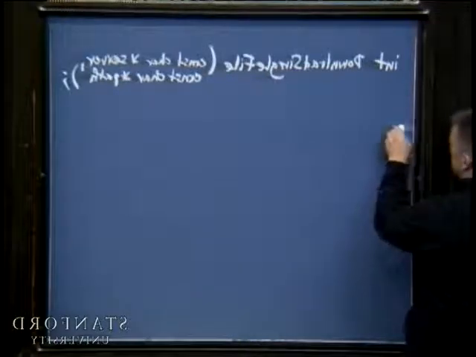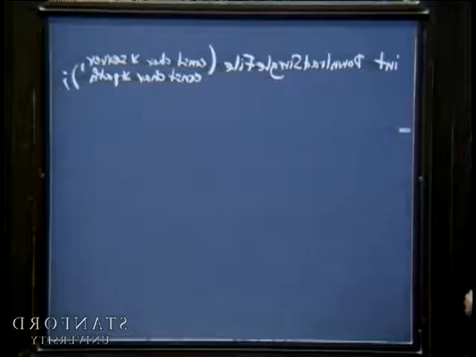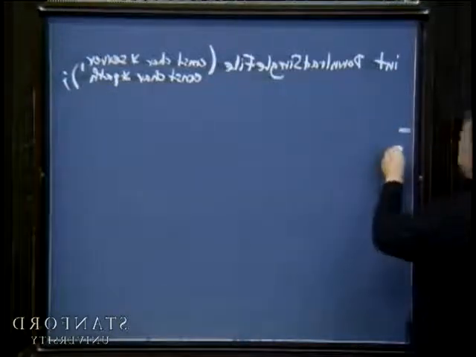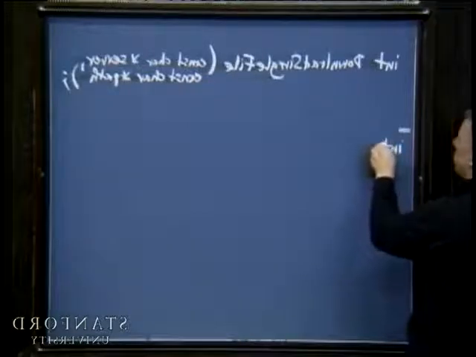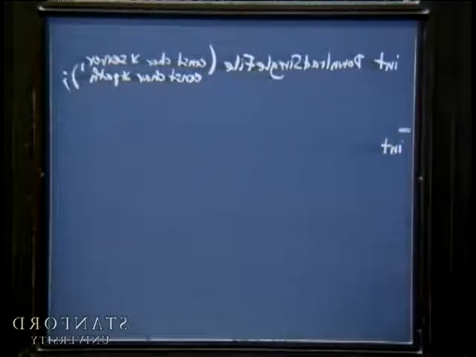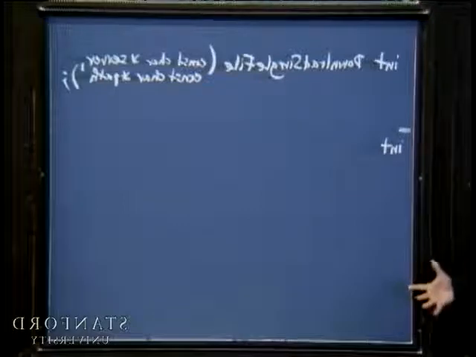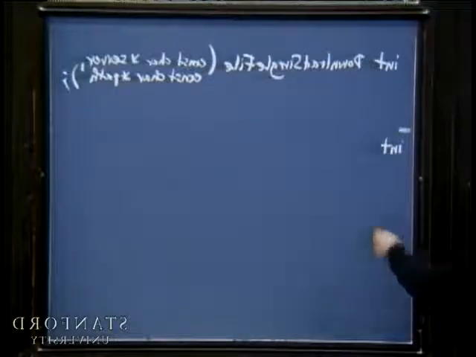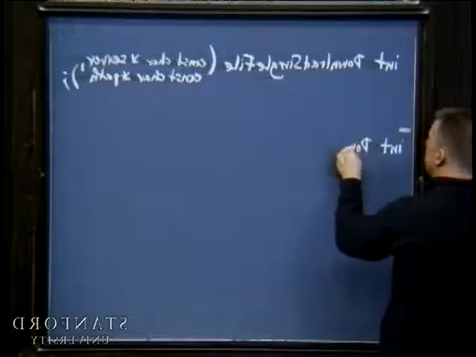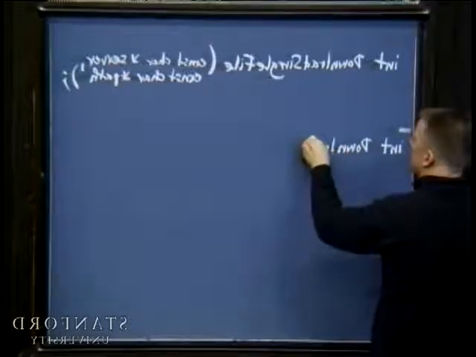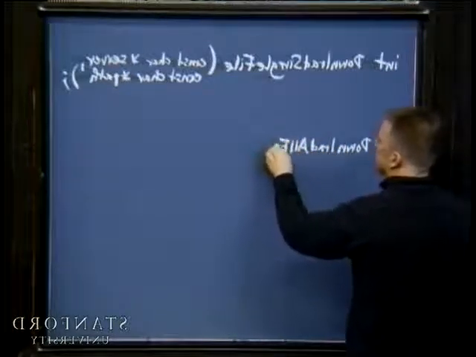What I want to do is write this function called download all files. I want it to return the total number of bytes that were downloaded, as basically the sum of all of the sizes of the files that are downloaded. I'll call it download all files.